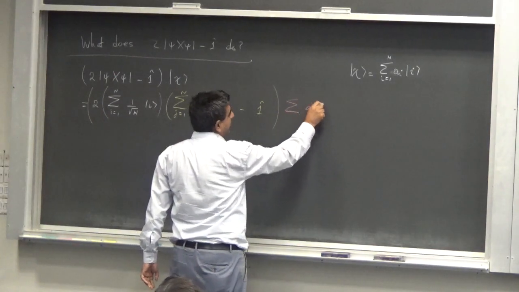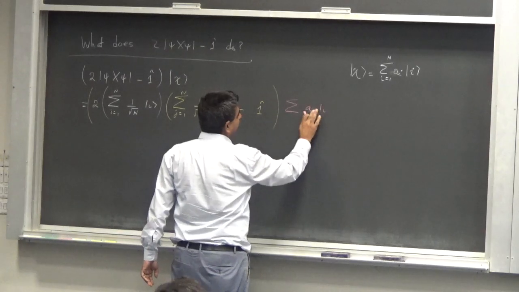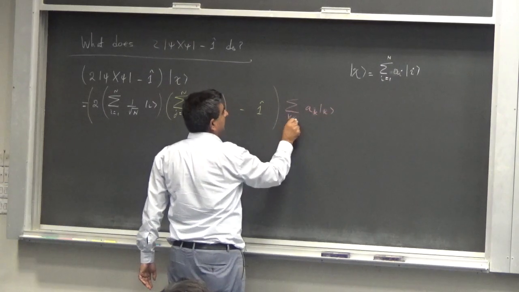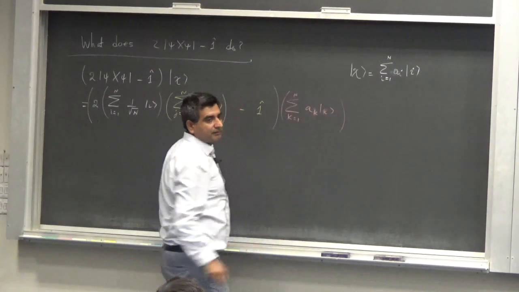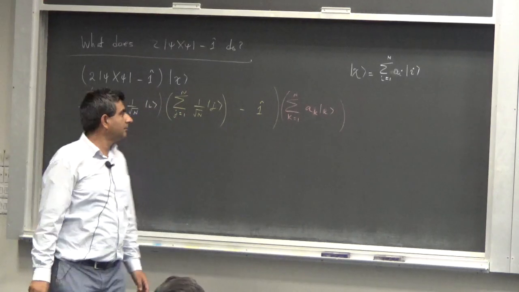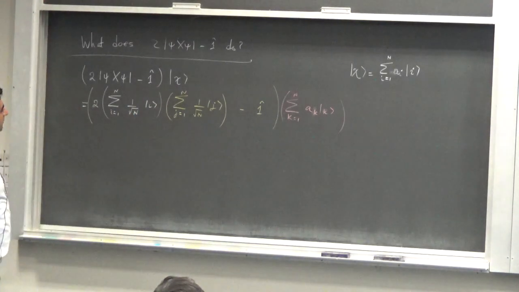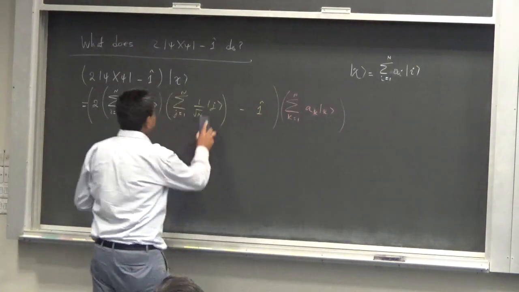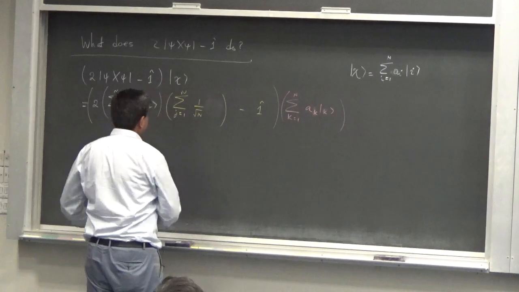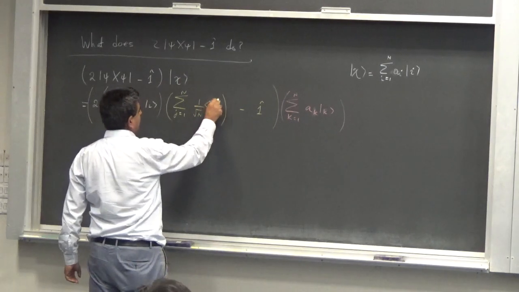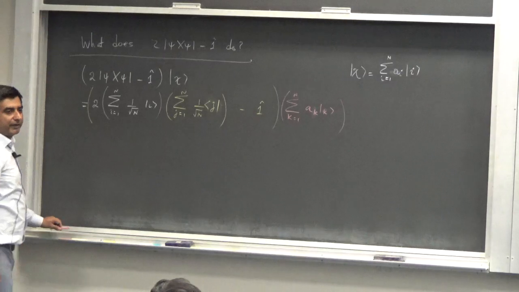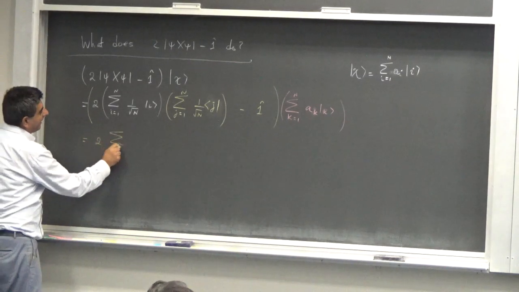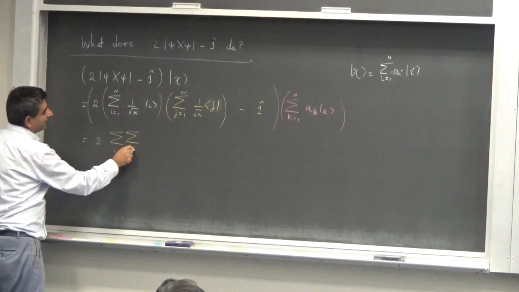Let's use k here. Alright, so now let's expand this out. 2 times i, j, k.